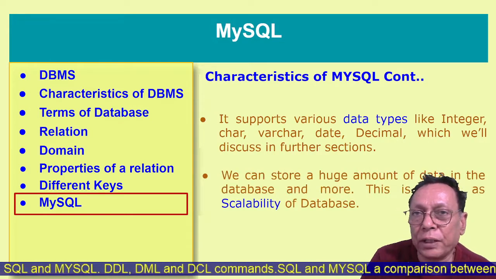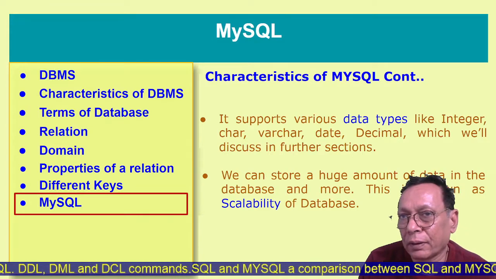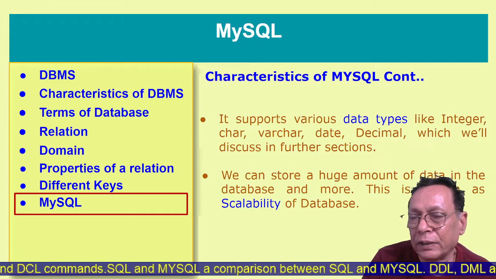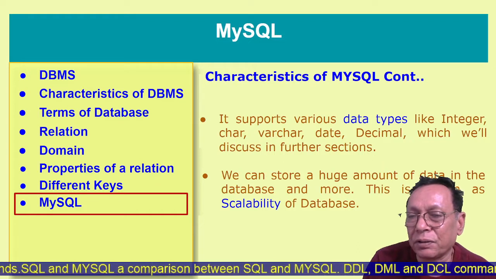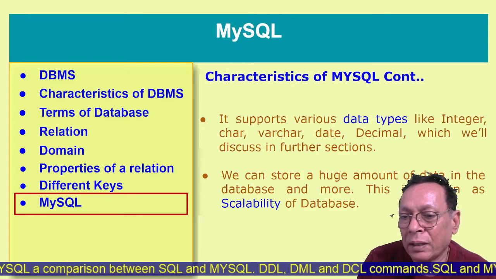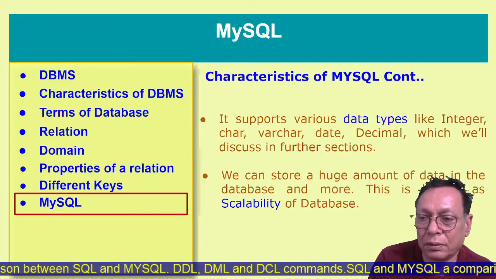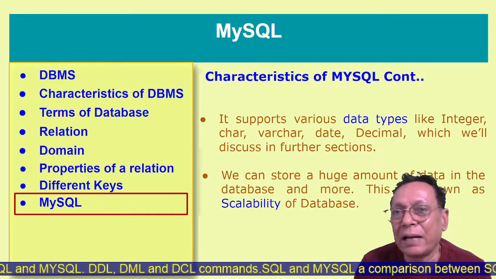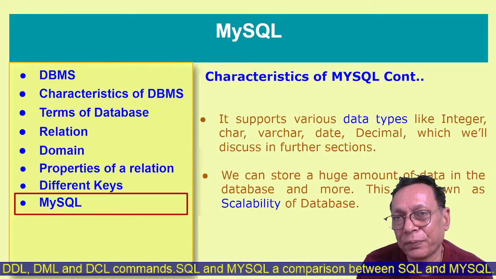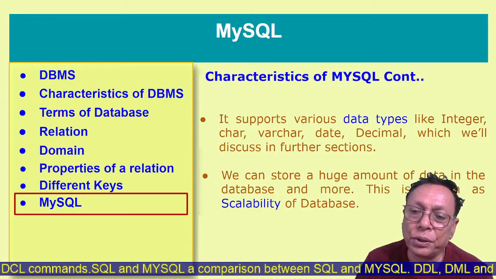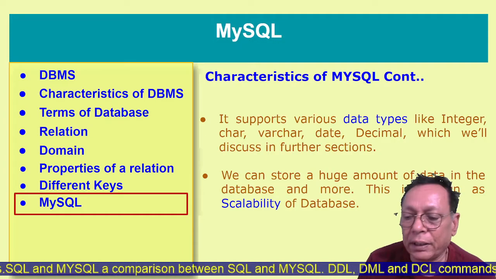We can store a huge amount of data, beyond the imagination of capacity, in the database, and more. This is known as the scalability of the database. Means you can store a huge amount of data in your database.